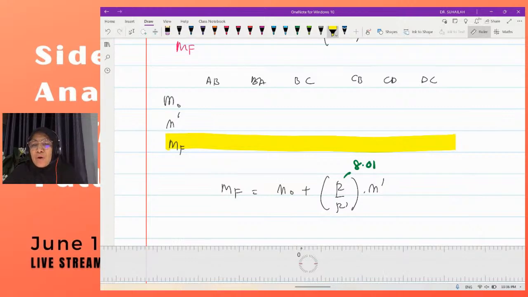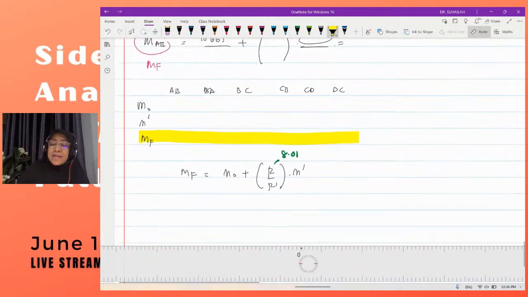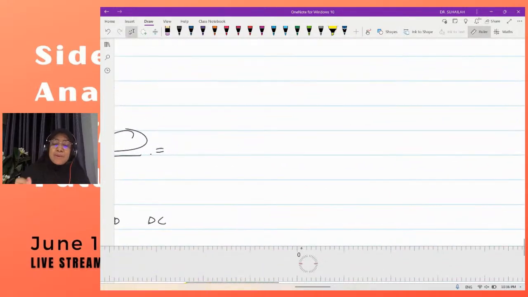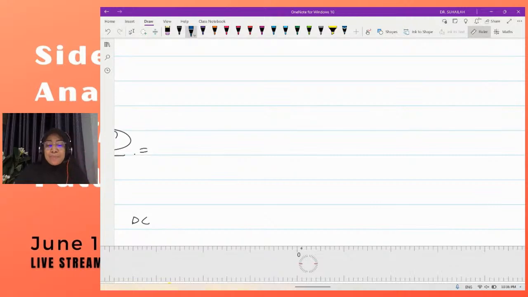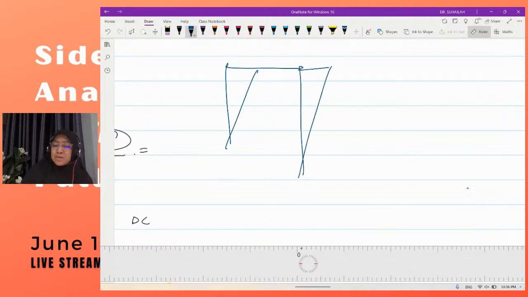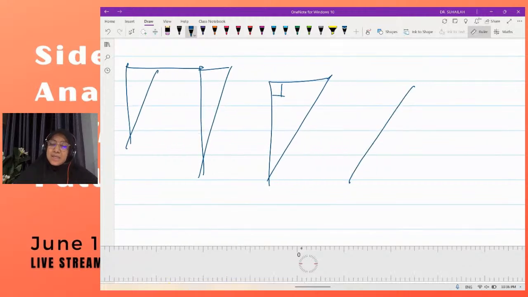FEM for DC in table 2 is negative. It is all negative because of the frame's behavior, whenever the frame tends to sway to the right direction. Yang ni dia punya behavior. This is the frame after side sway. And the fixed end moment, we push this and this.